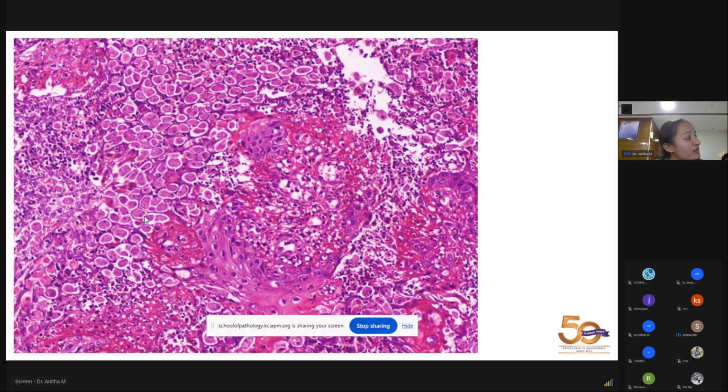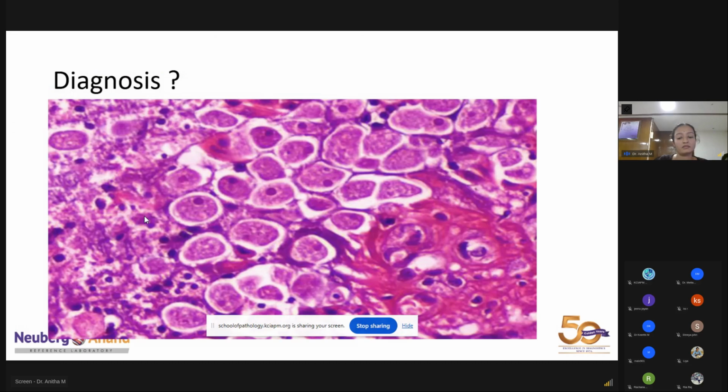What are these structures? Is it visible? Yes, it is.